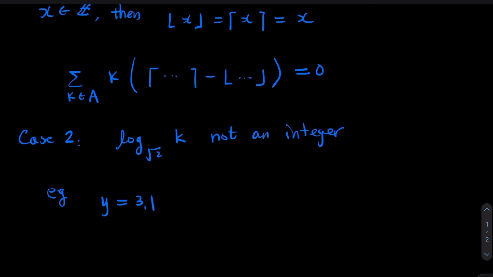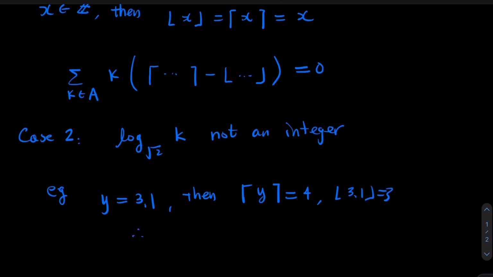It should be clear that the ceiling of y minus the floor of y is equal to 1. Just as a sanity check, you can plug in some random number with a decimal part like 3.1. The ceiling of that minus the floor of 3.1 is just 4 minus 3, so that should equal 1.